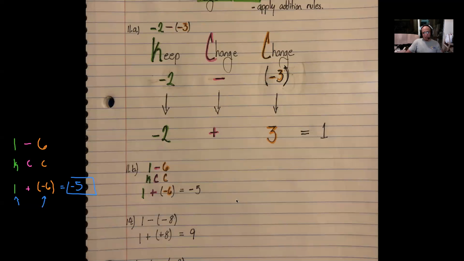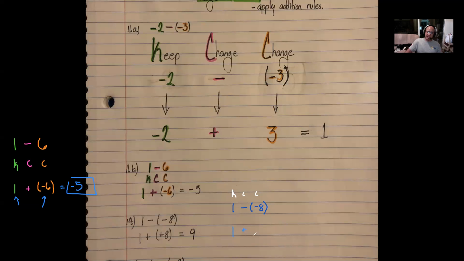Let's try number 14 down here. Number 14, we have 1 minus negative 8. Again, I am subtracting, so I'm going to apply K, C, C. What am I going to keep? I'm going to keep the 1. It stays exactly the same. I'm going to change the minus sign to a plus sign because that's its opposite.